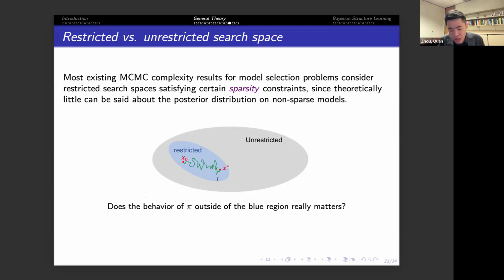For example, in variable selection, you can impose a sparsity constraint, which means that you only consider models with at most, say, 100 variables. But as you run your MCMC algorithm, probably all the models you sample are relatively small. They can have maybe 10 variables, 20 variables, but they will never reach 100 variables. So this makes one wonder why the behavior of the posterior outside of this restricted space matters for the MCMC complexity, or how can we overcome this?